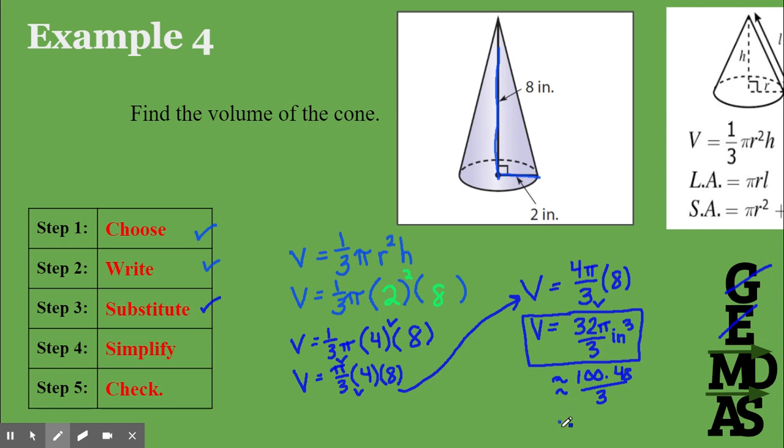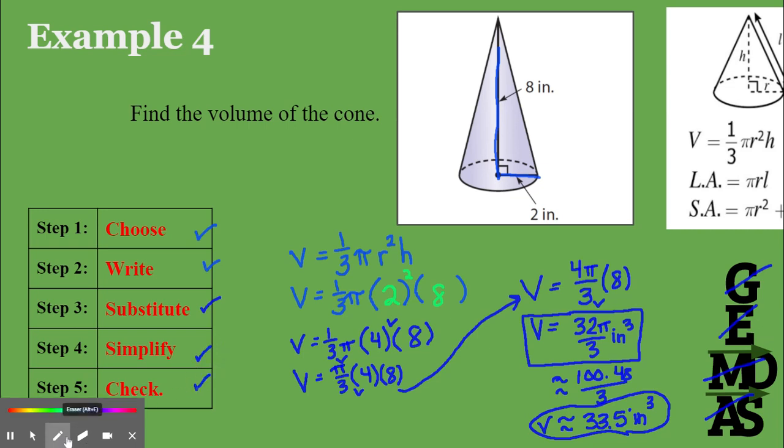So it equals approximately 33.5 inches cubed. Both answers are acceptable, both the approximated answer and the exact answer. There's no addition or subtraction, so we are finished simplifying. The answer, with what I know, makes sense, so that part is done.